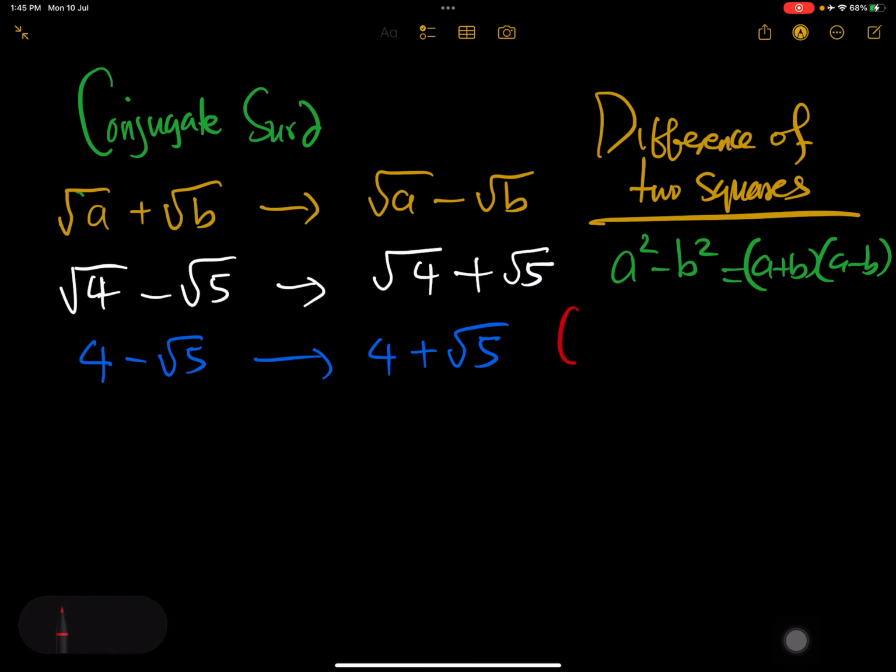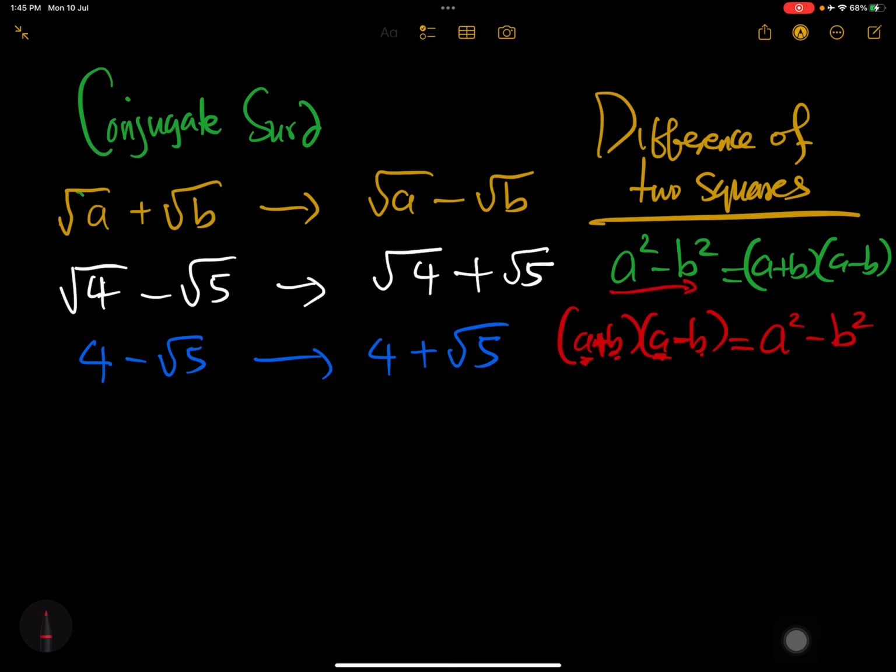It can be in this form, a plus b, like this, a minus b. The moment we see a plus b, the same a here, b there, but the sign is changing. There's a plus here, a negative there, it is the difference of two squares. It means a squared minus b squared. So it's either you are seeing this first and you have to change it here, or you are seeing this side first and you have to change it to this side. So let's keep that in mind.